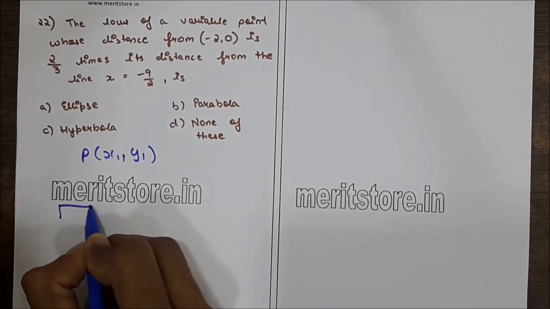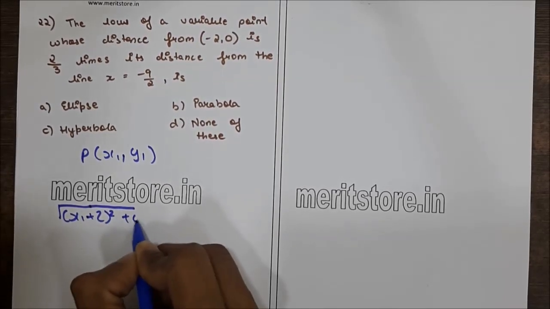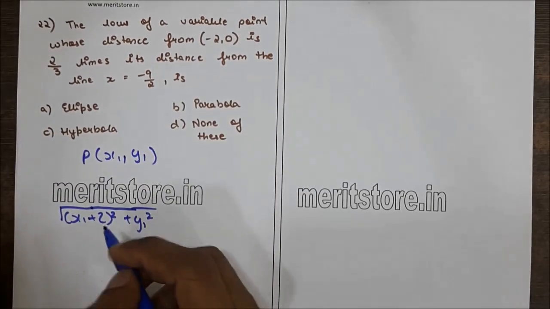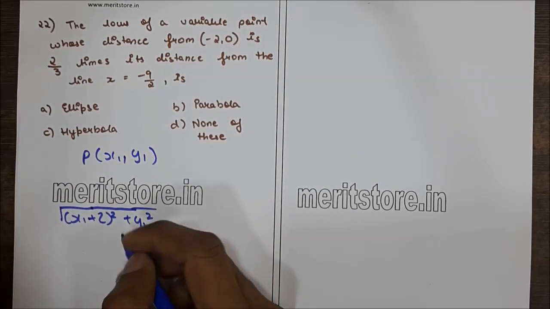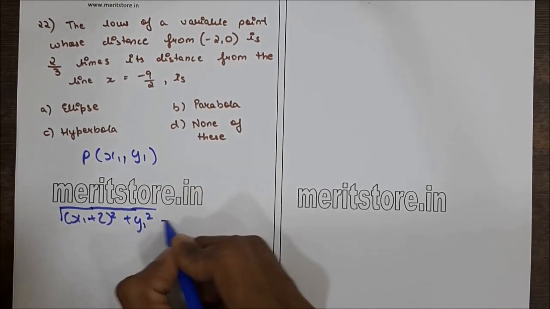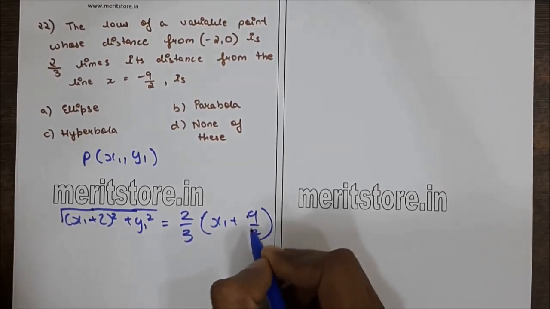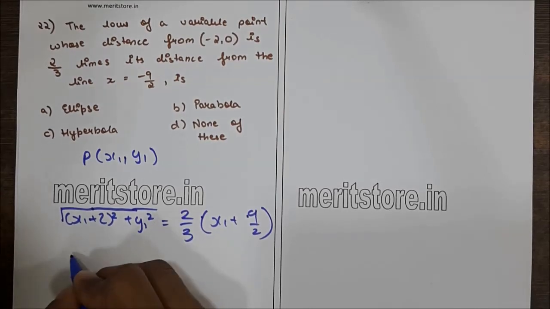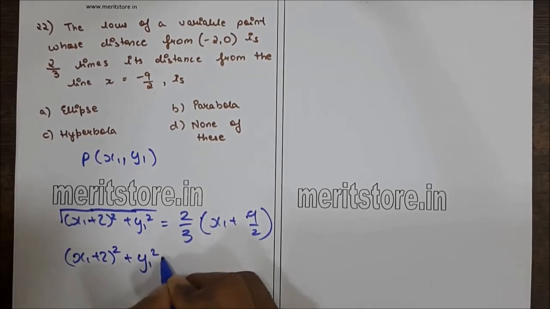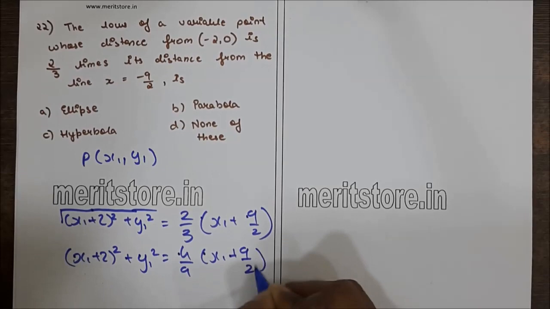So we can write this as the distance from the point (-2, 0), which is the formula with x1 + 2, equal to 2/3 (x1 + 9/2). Further solving this, taking square on both sides, we get (x1 + 2)² + y1² = 4/9 (x1 + 9/2)².